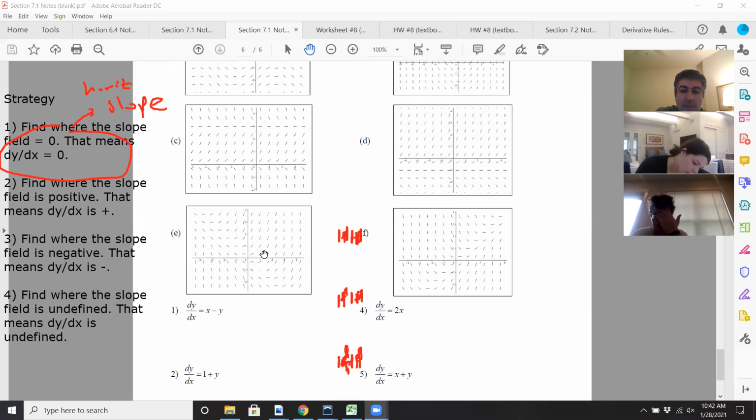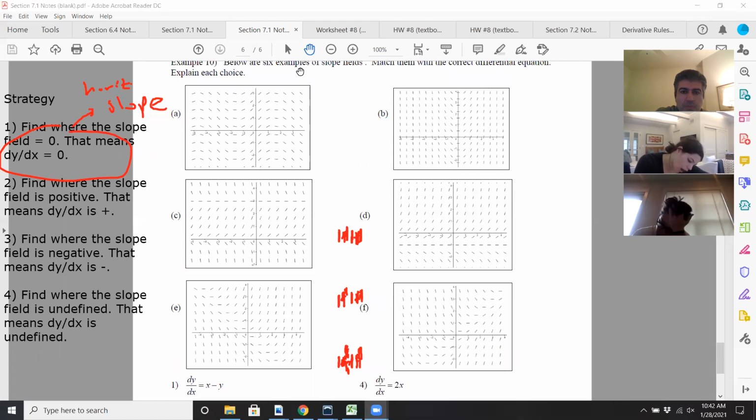So remember, we wanted x equal y for number 1. When x equals y, like at 1, 1, 2, 2, we want a 0 slope. So I see that happening probably over here. And just to be sure, if dy over dx equals x minus y, notice that these are positive slopes here. Well, x over here is probably 3, and y is probably 1. 3 minus 1 is 2. That makes sense.